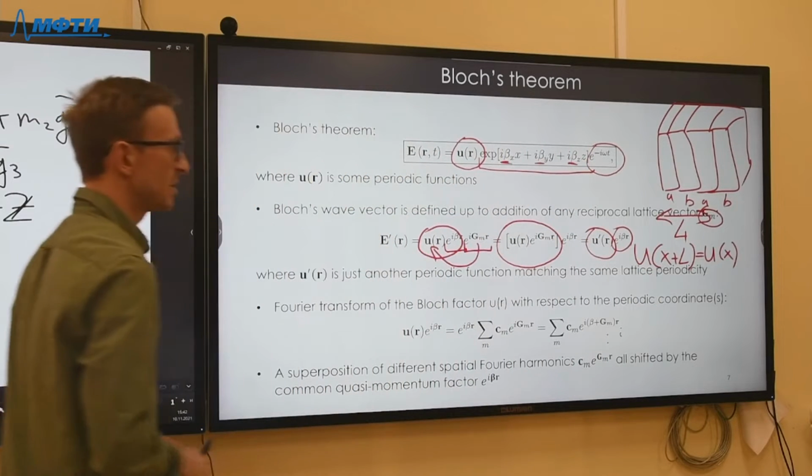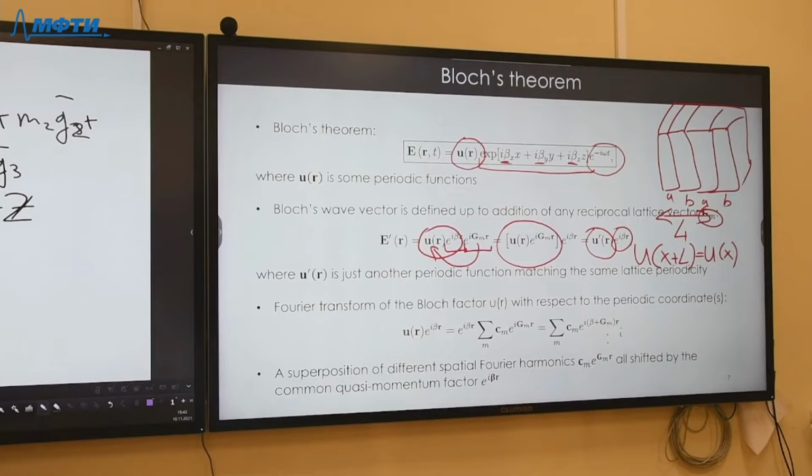So you see that by shifting the Bloch vector, Bloch momentum, by any reciprocal lattice vector, we don't change anything, and the solution maintains the same periodicity.